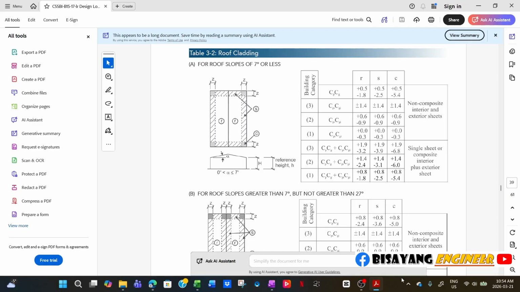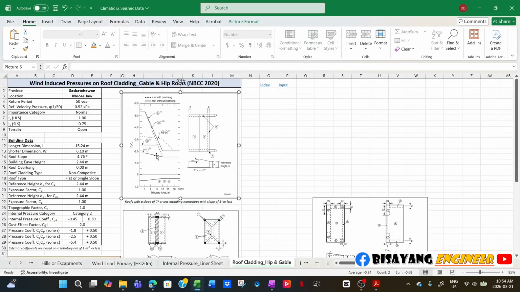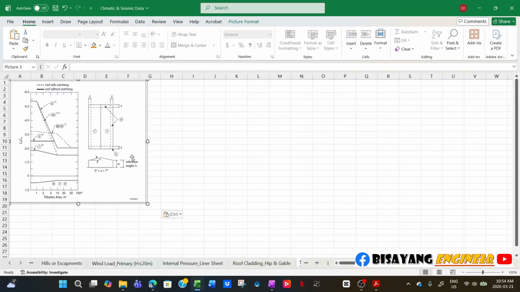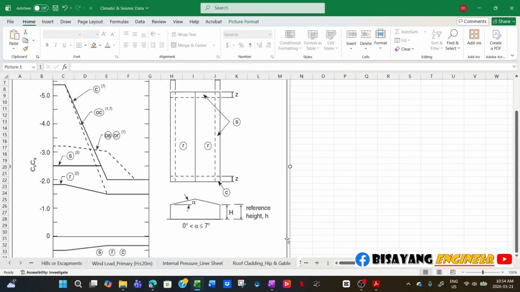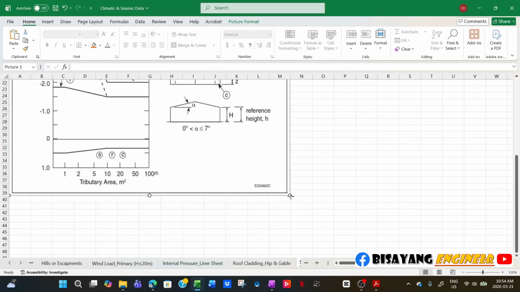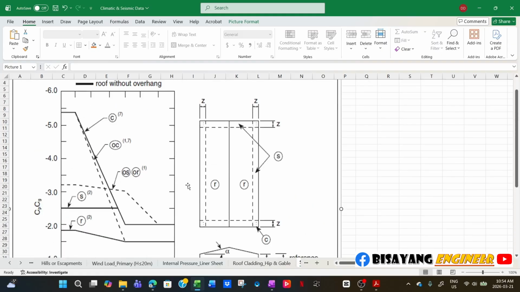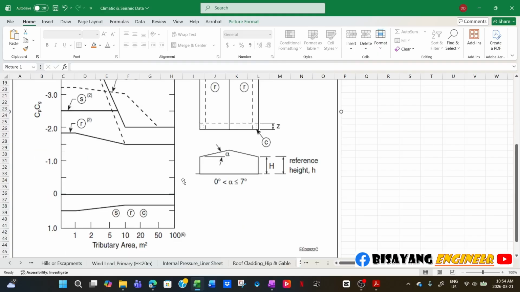So going back, each element, for this particular cladding, has this diagram. And what you need to do is, this is the CPCG.